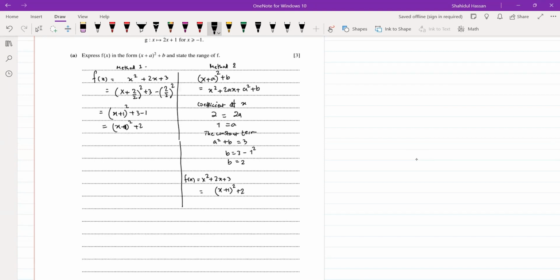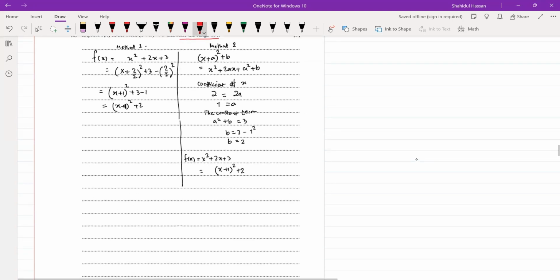So we're done with expressing the f of x in the given format, and now we are supposed to find the range of f. Now please note that the range is the possible values of y. Finding the range and domain, there are many techniques, but sketching the graph is one of the best techniques. x plus 1 whole square.